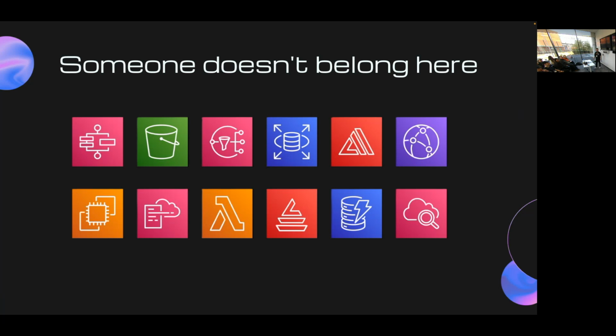Most of you might recognize which one it is. One of them here doesn't belong, and it's actually an imposter. This exercise is not just about spotting the odd one out, but about understanding how everyone can be someone new to AWS, because when you see all these icons, they start to look quite similar. So can anyone point out, apart from these four in the front row, which one is the imposter?